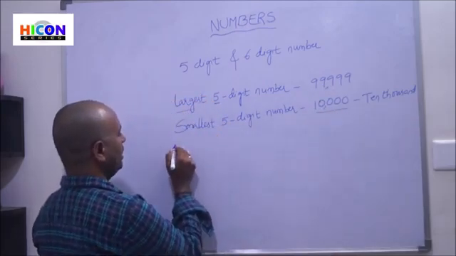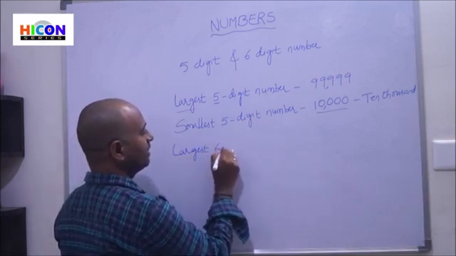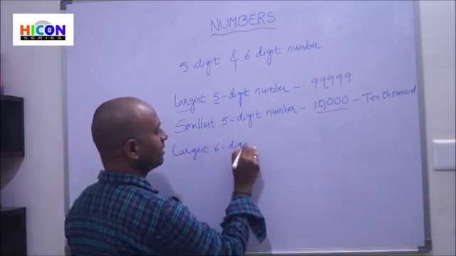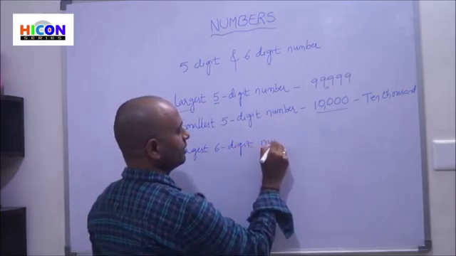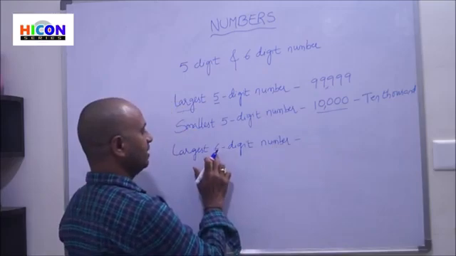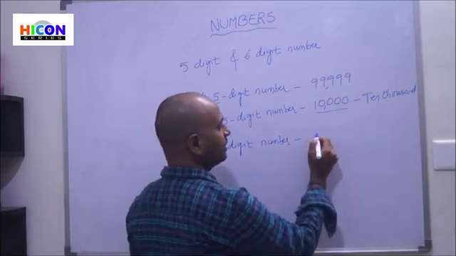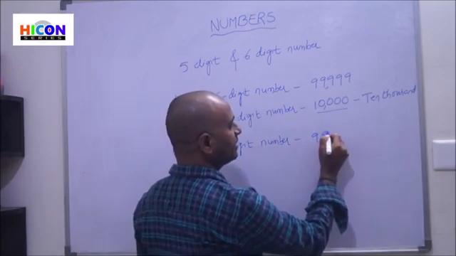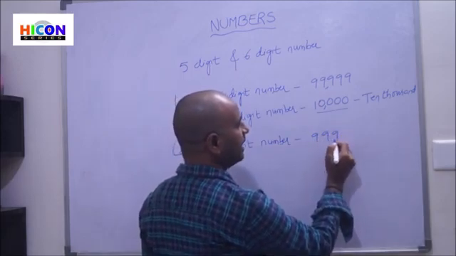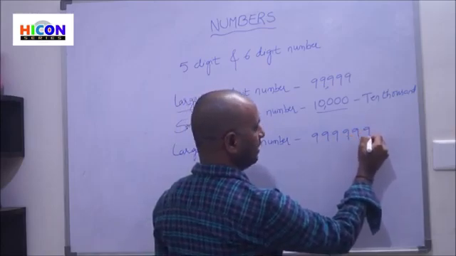Next, the largest 6-digit number. What is the largest 6-digit number? We can write the largest 6-digit number as 6 nines. So 9 should be written 6 times: 9, 9, 9, 9, 9, 9.